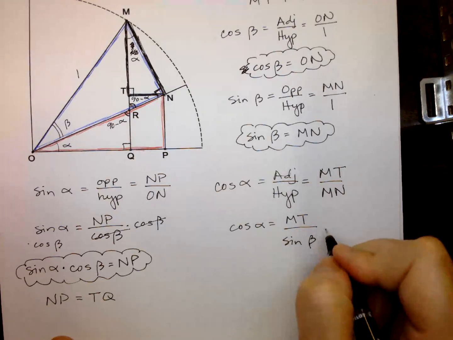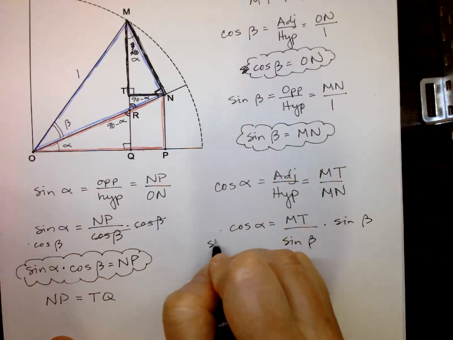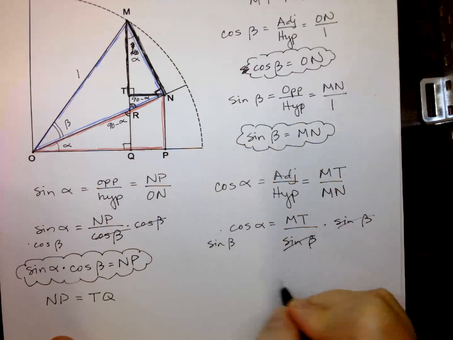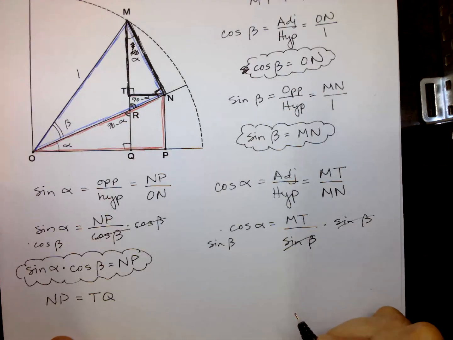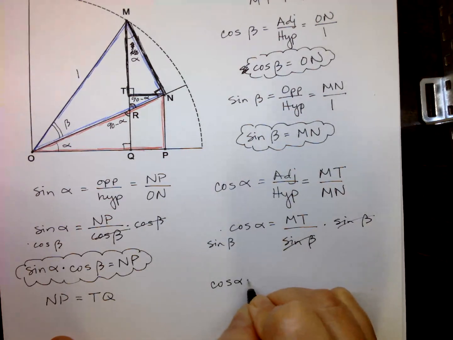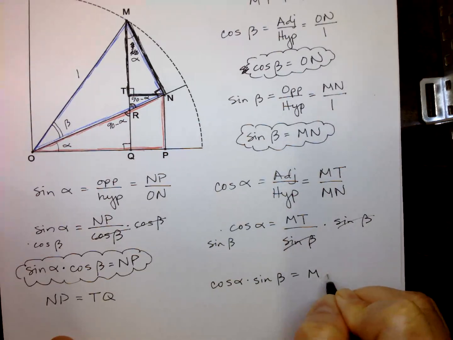Okay, I'm going to multiply both sides by the sine of beta. That means I've got this statement that says the cosine of alpha times the sine of beta is equal to MT.